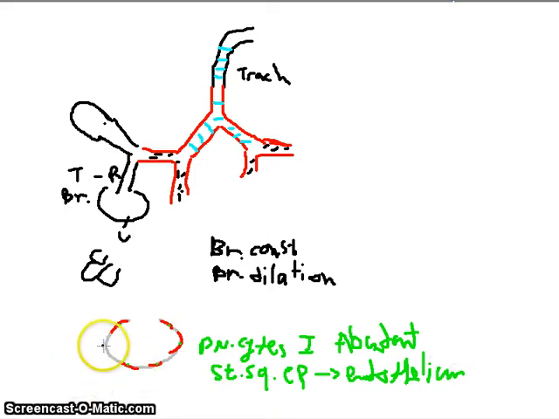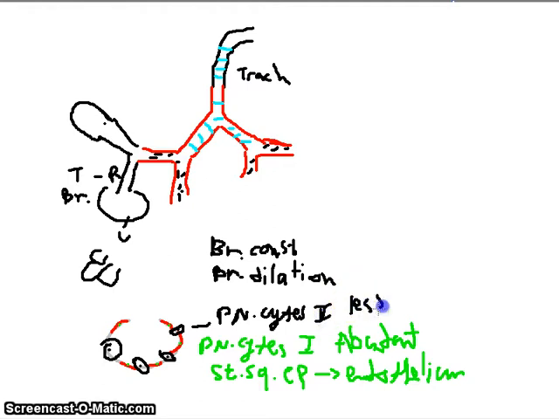The other type of cells cover a larger surface area. These are known as pneumocytes type 2, and they are less abundant.